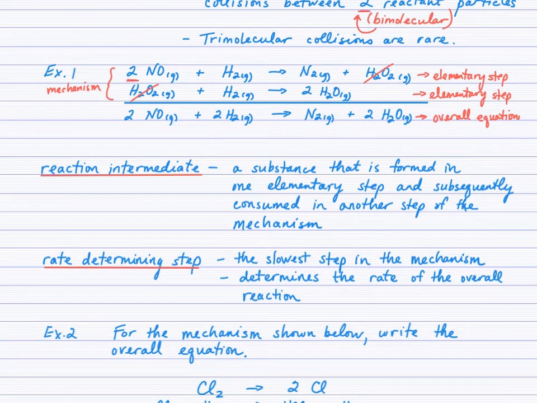So in the first step, we have 2 NO and 1 H2. So together, that would be a trimolecular elementary step. If you look at the second elementary step, there's 1 H2O2 and 1 hydrogen gas particle. And so this elementary step is bimolecular.